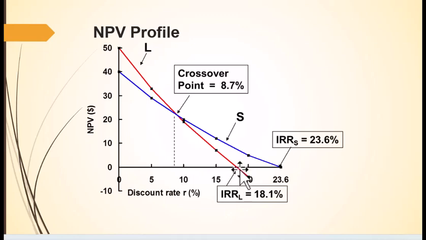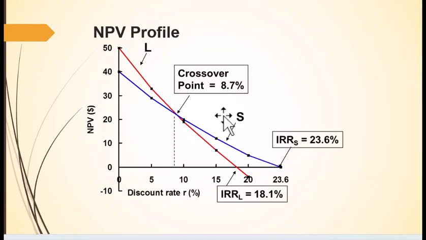Where these lines cross the zero axis, this is the return or the cost of capital that would have a zero net present value. So in this case, the internal rate of return is 18%. For the other project, the internal rate of return is 23%.